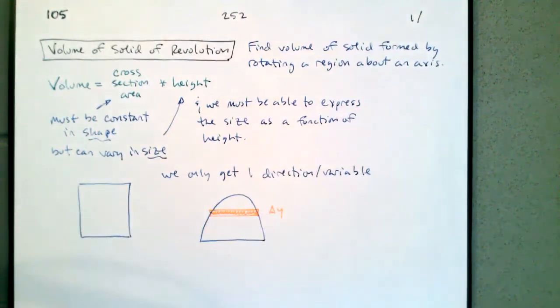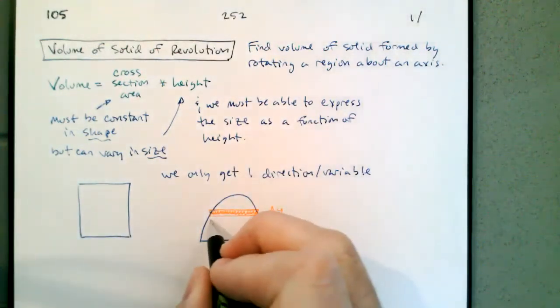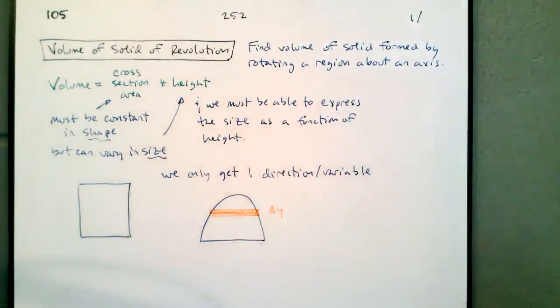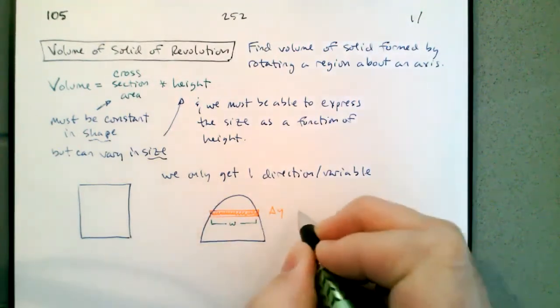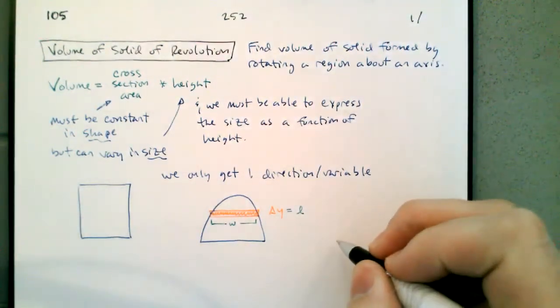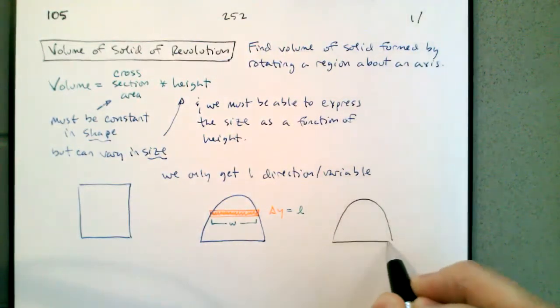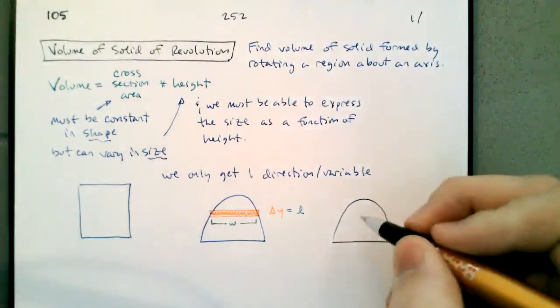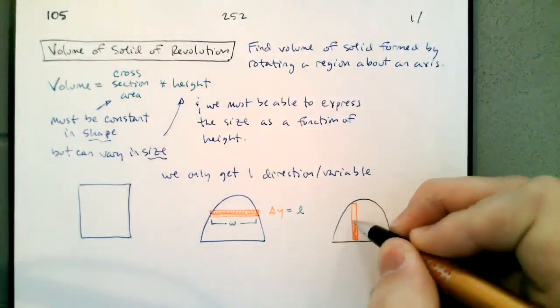then we can draw a slice this way, and we can talk about the width. And we can do this in a couple of different ways. We slice this area horizontally, or we could slice it vertically, but it's always sliced into rectangles because that's all we need for area, length times width.